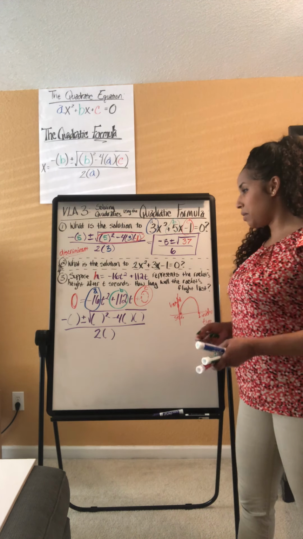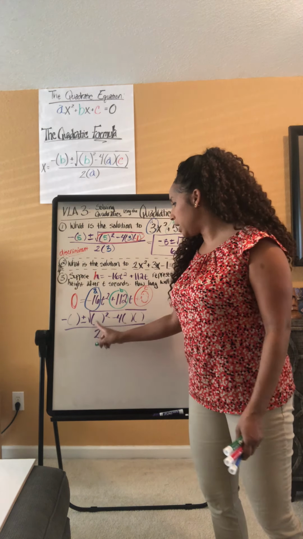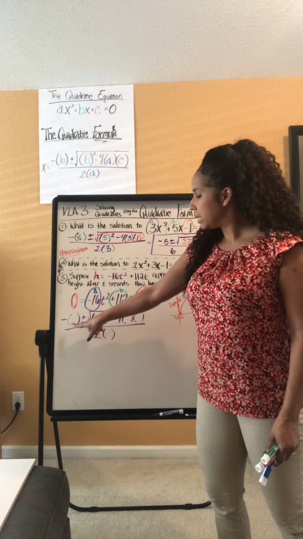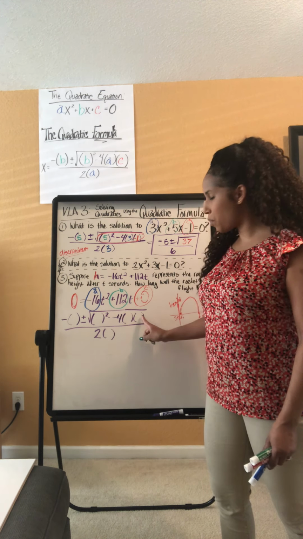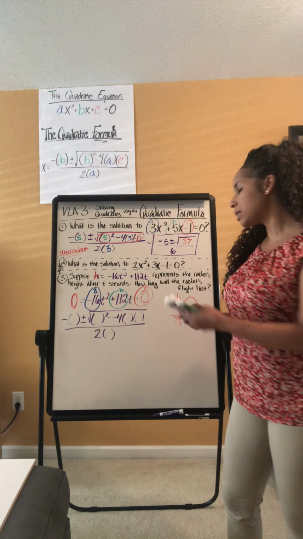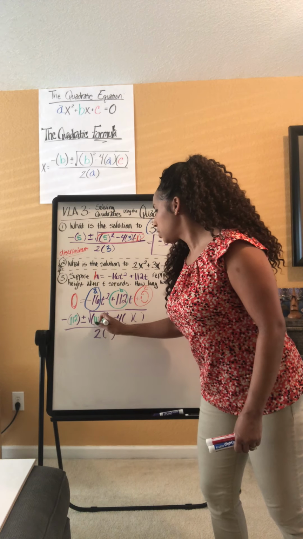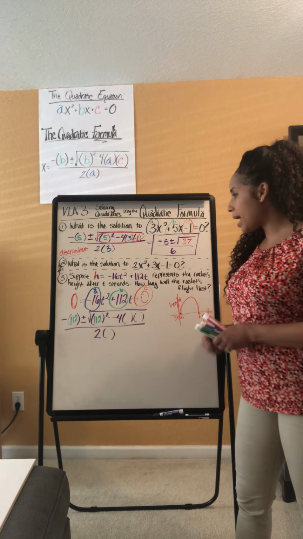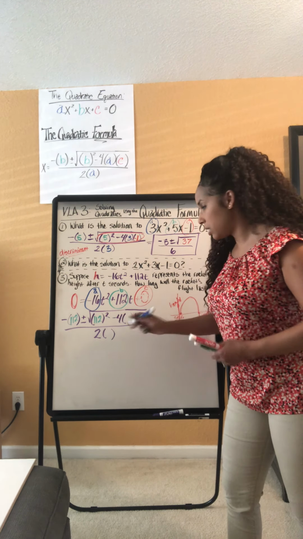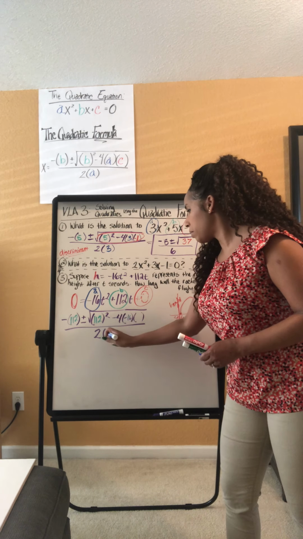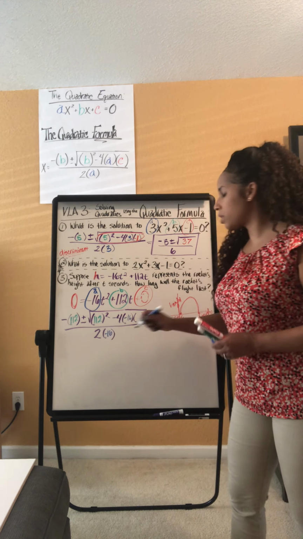Okay, so in the quadratic formula, there are 2 b's, 2 a's, 1 c. 2 b's, my b is the number 112. 2 a's, my a is the negative 16. I have one on the bottom, one on the bottom, one on the top.